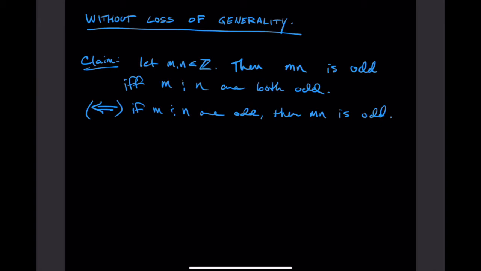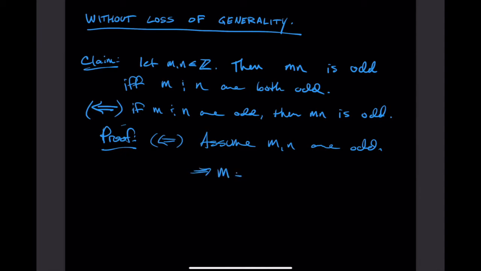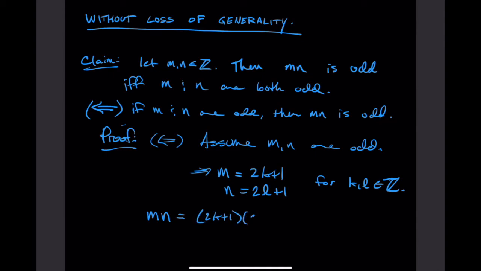So what do we do here? Well, for our proof, we're going to assume that m and n are odd. So that tells us that m is going to be the integer 2k plus 1. n is going to be the integer 2l plus 1 for integers k and l. So now if we multiply those out, m times n is going to be (2k plus 1) times (2l plus 1).